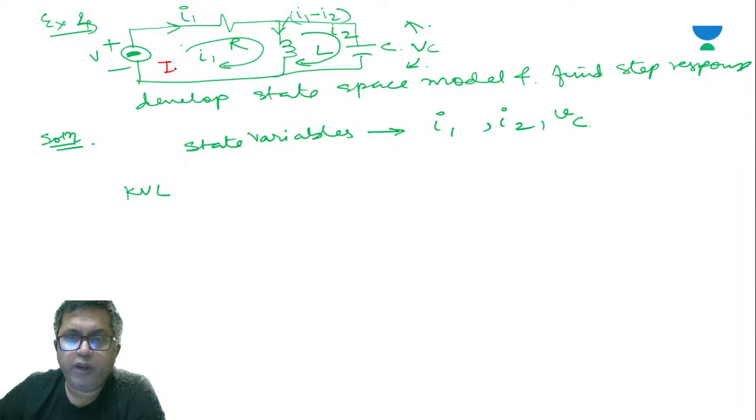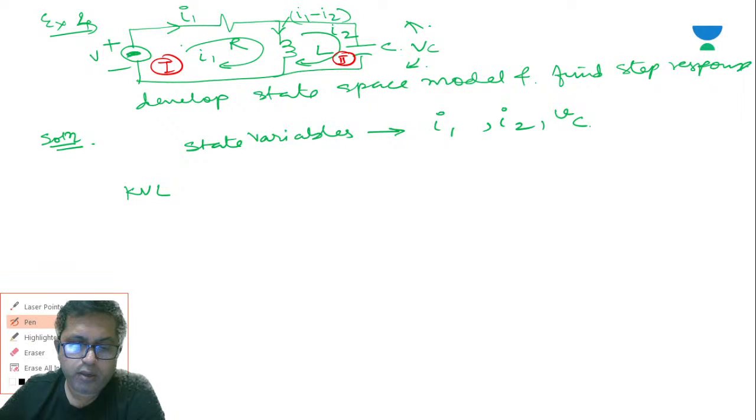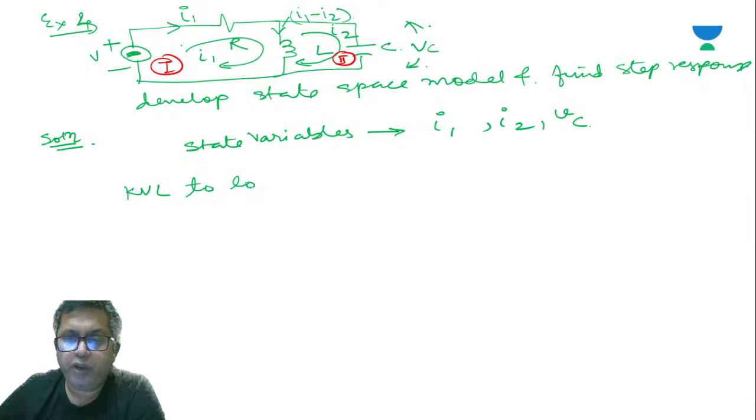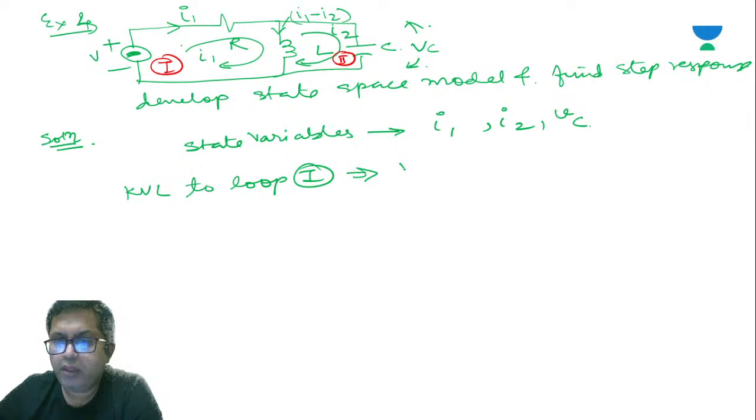So KVL. This is loop 1, this is loop 2. KVL to loop 1, what will it give me? It will give me V minus I1 R minus L d/dt of (I1 minus I2).